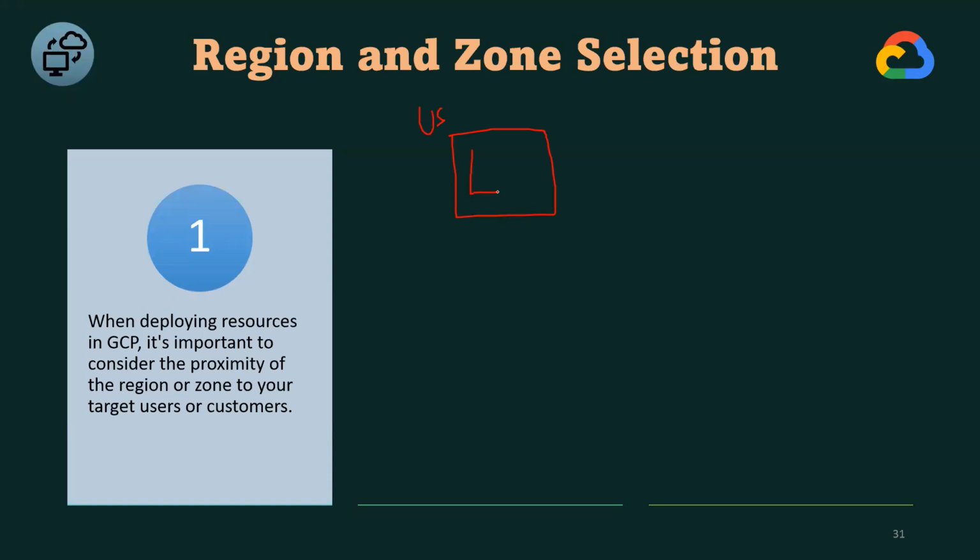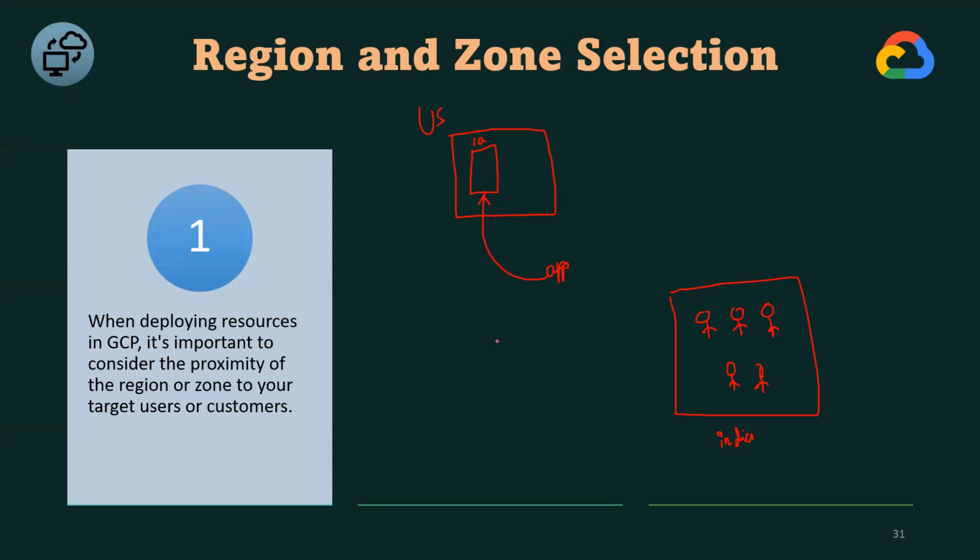You have one of the zones, US Central 1A. You are in India, but you are deploying your applications in 1A. But your target users are in India. Target users means most of the application users are in India.